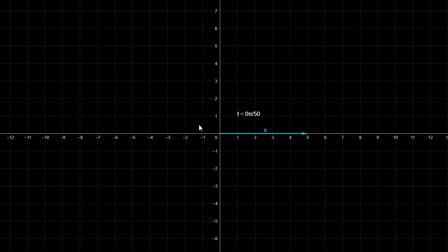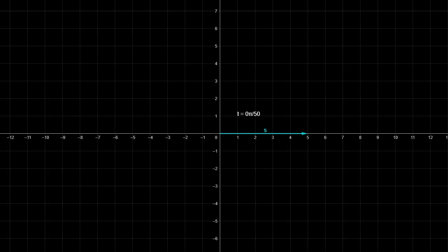All right, so when we go to start graphing this, when we plug in 0, cosine of 0 is 1, sine of 0 is 0, so we would get the vector 5, 0.